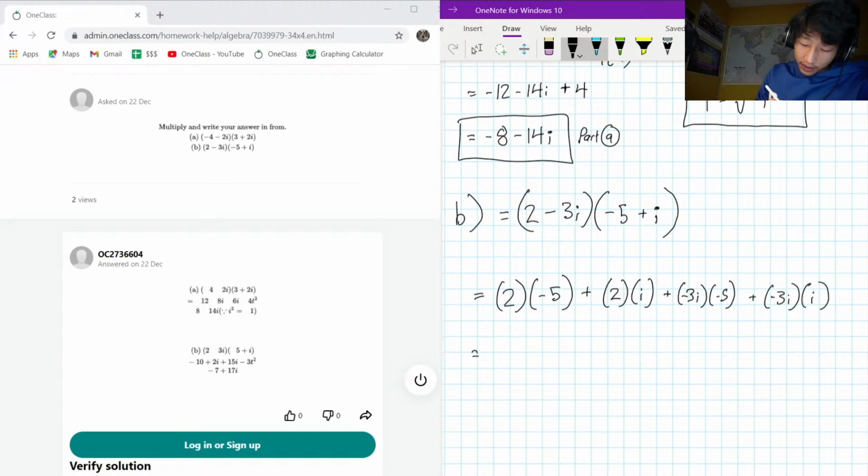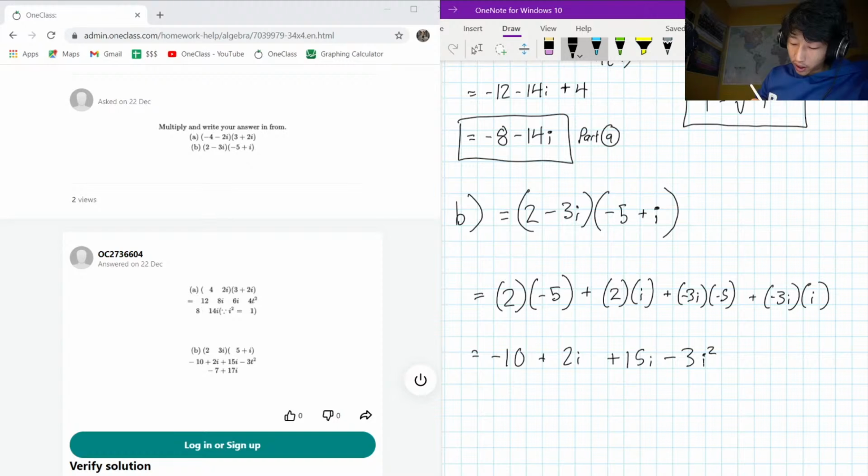Cool, so let's simplify this. 2 times negative 5, that's negative 10, plus 2i, that's nice and easy, plus 15i. See the negatives, they neutralize each other here. Plus, or whoops, minus 3i squared.